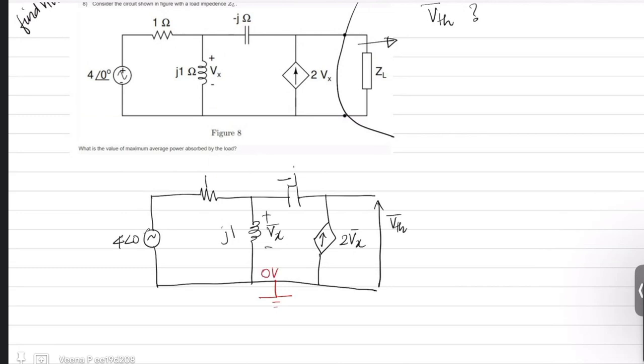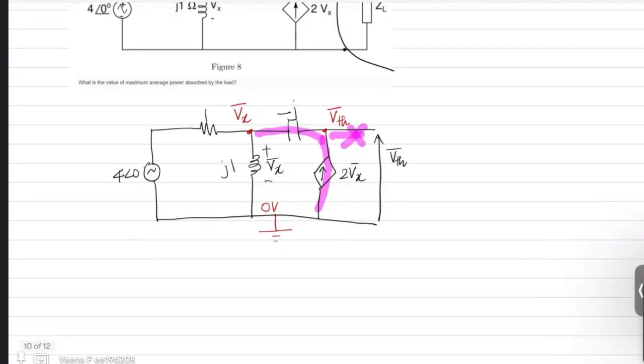Now I have two nodes. One node is anyway given in the problem, Vx. The other node is your V Thevenin. Now if you observe, you can see that this current from 2Vx cannot go through the other path, because it is open circuited. So this whole current will flow through your minus j1 ohms.